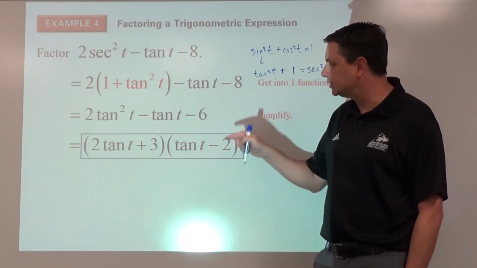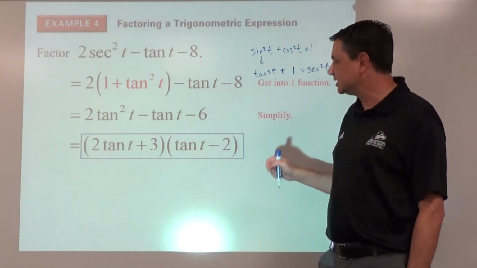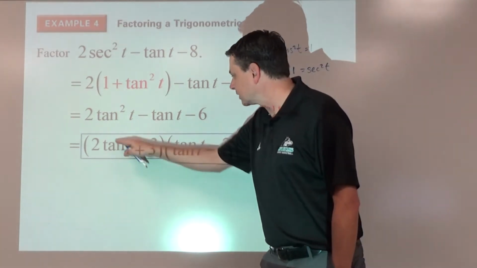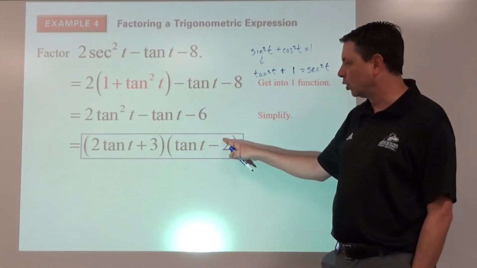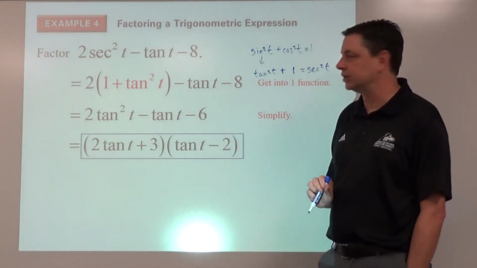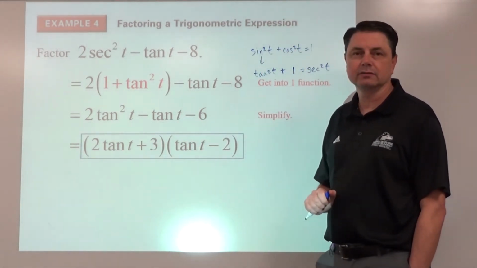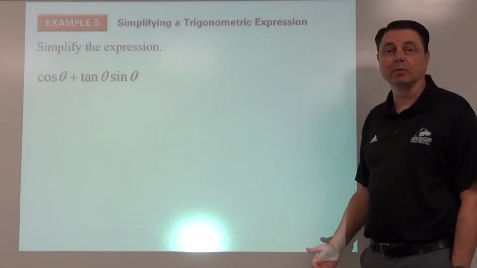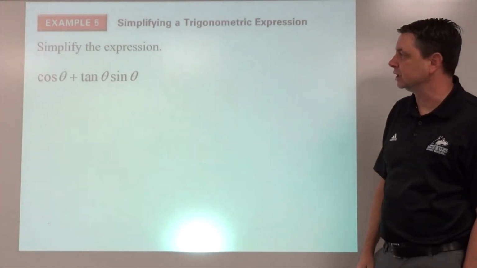Turns out that it's going to be 2 tangent t plus 3 times tangent t minus 2. Kind of check this out. We're going to get minus 4 tangent t plus 3 tangent t is negative 1 tangent t. And there it is.